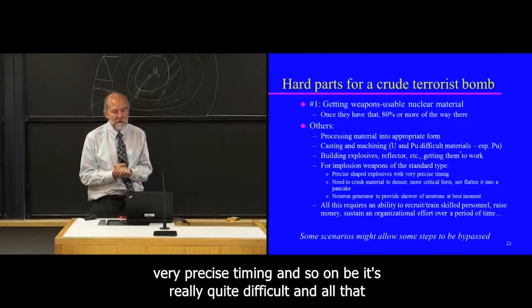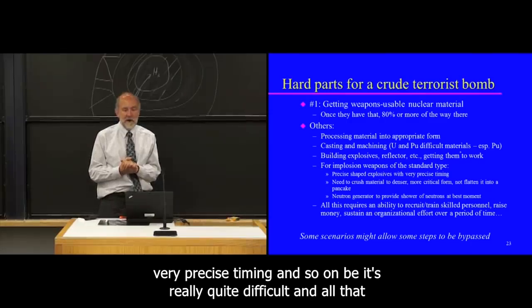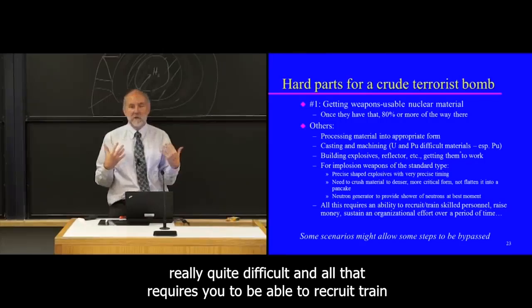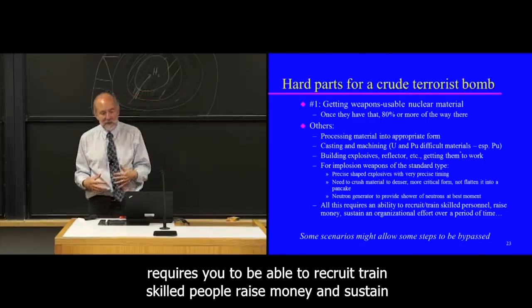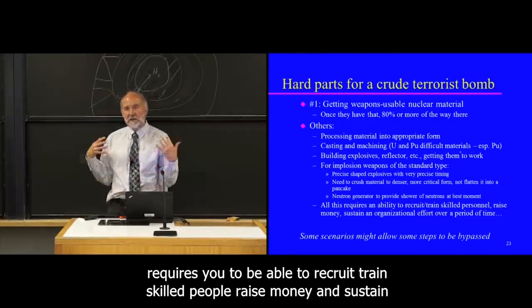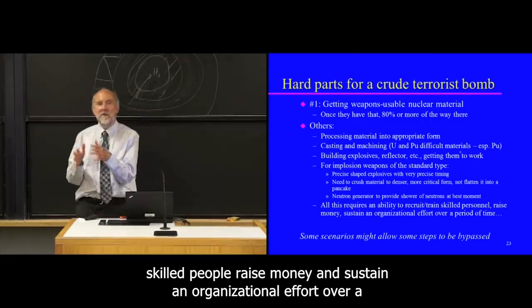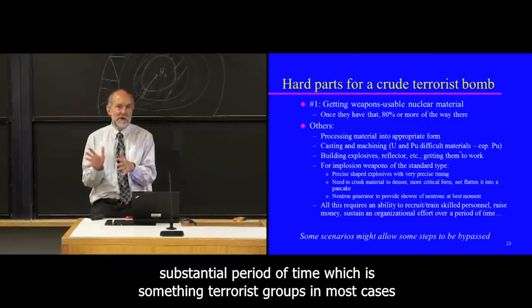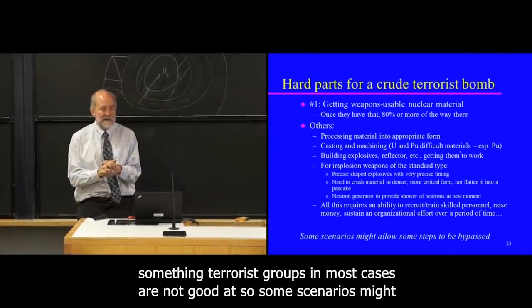That would be really quite difficult. And all that requires you to be able to recruit skilled people, raise money, and sustain an organizational effort over a substantial period of time, which is something terrorist groups in most cases are not good at.